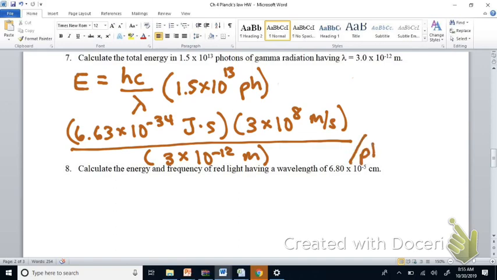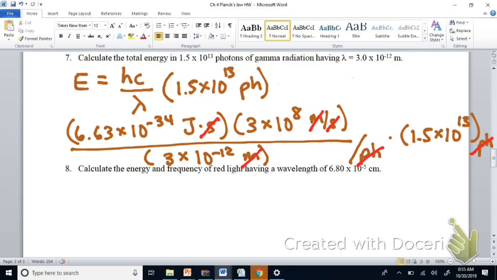Now this is going to be per photon, and then I'm going to multiply that by 1.5 times 10 to the 13 photons. So now we got some units that will cancel. Seconds cancel, meters cancel, photons cancel. And now all I need to do is to simplify this expression.